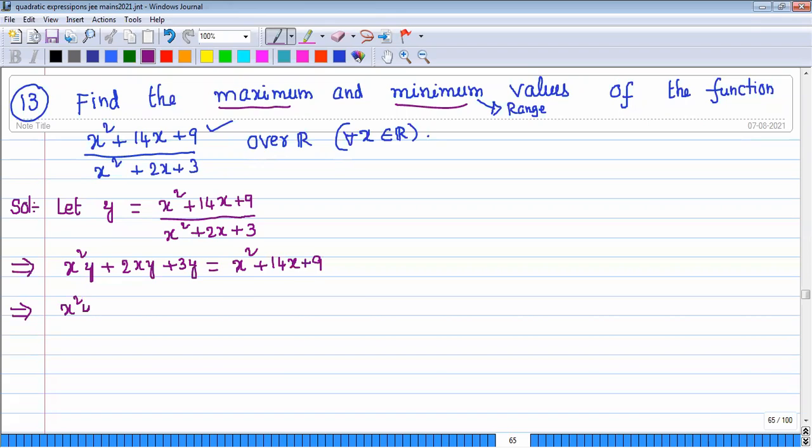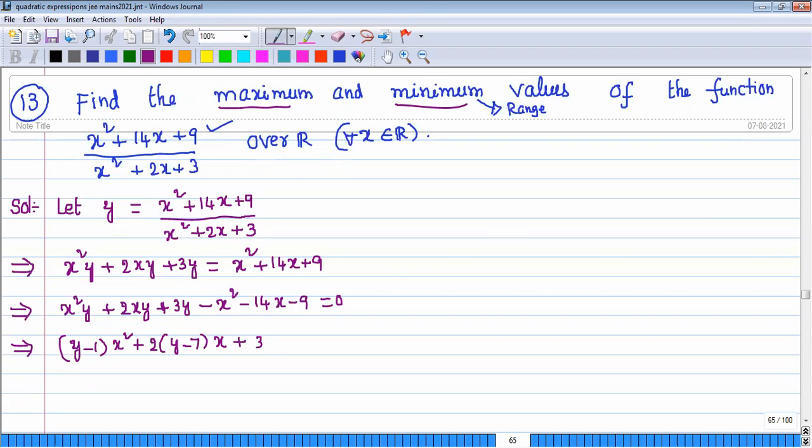So x square y plus 2xy plus 3y minus x square minus 14x minus 9 equals 0. x square y minus x square, common y minus 1 times x square; 2xy minus 14x, 2x common, we have y minus 7 times x; plus 3y minus 9 equals 0.